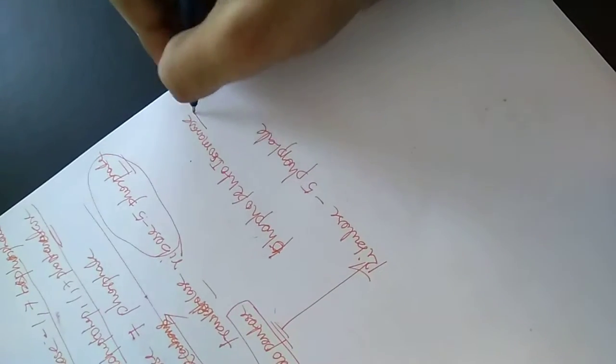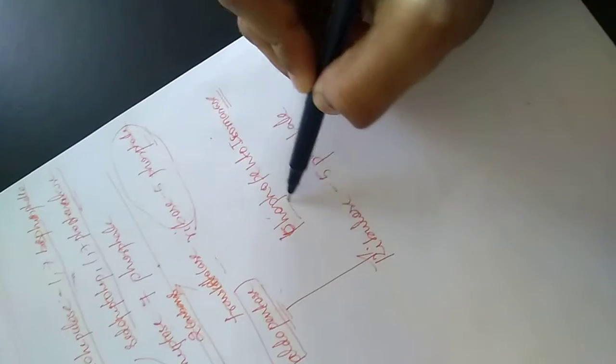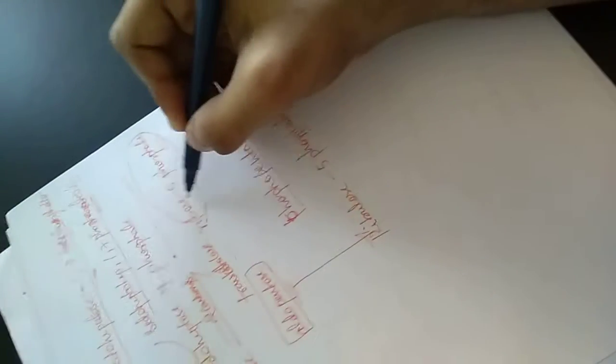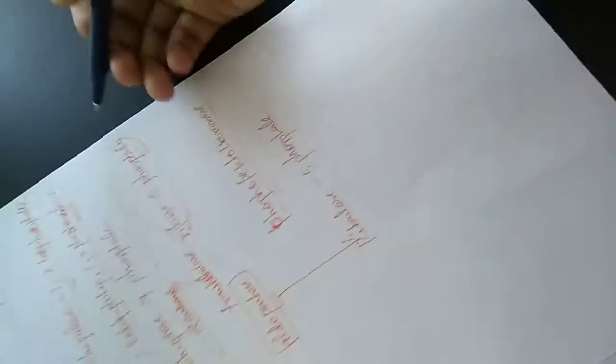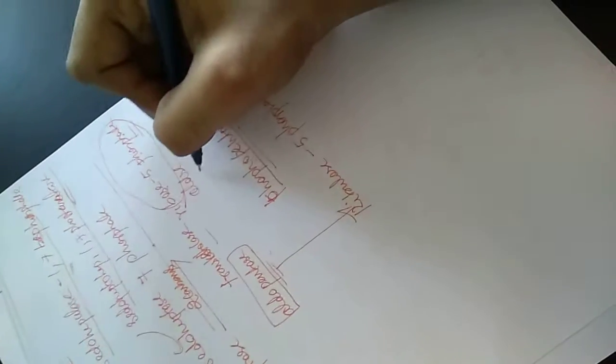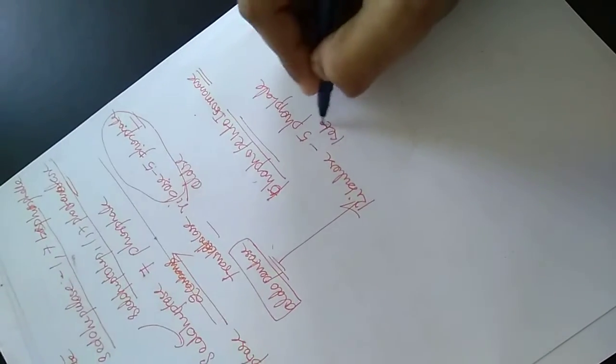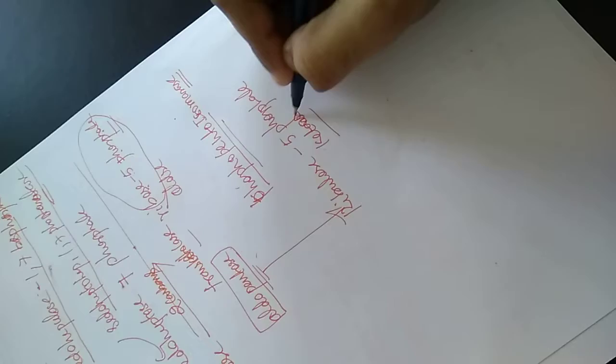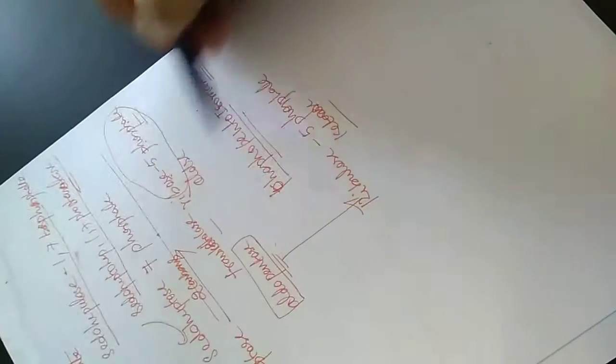When I say -ase, I mean it's the name of an enzyme. So this enzyme basically isomerizes. These two are isomers of each other, because ribose 5-phosphate is an aldose and ribulose 5-phosphate is a ketose.